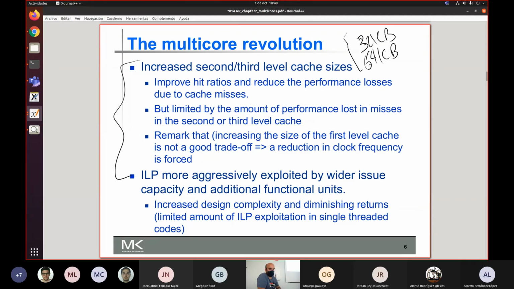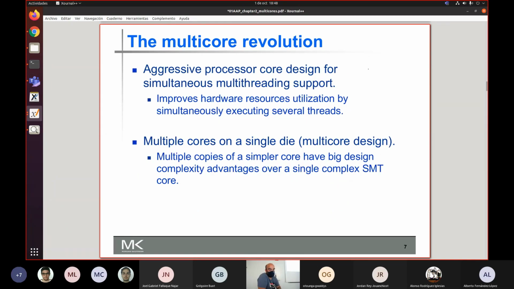So with more transistors, you see that computer architects complicate the design of the processor, allowing multiple issue, out-of-order execution, speculation in the branch prediction and in load-store operations, etc. But the key idea today is to put several cores on a single die.